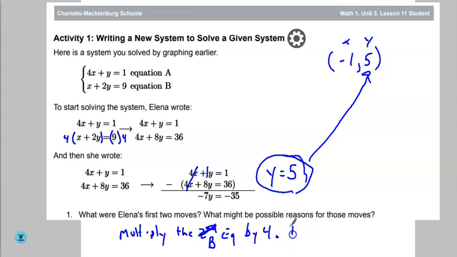The second step was then to subtract the equations. So first she multiplied by 4 to get those x's the same, then she subtracted.